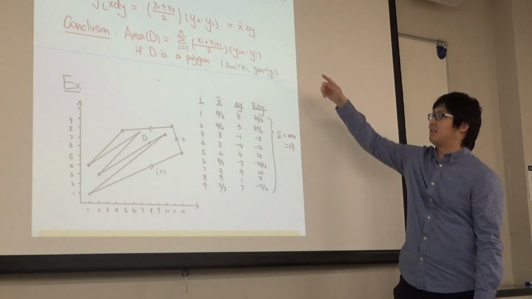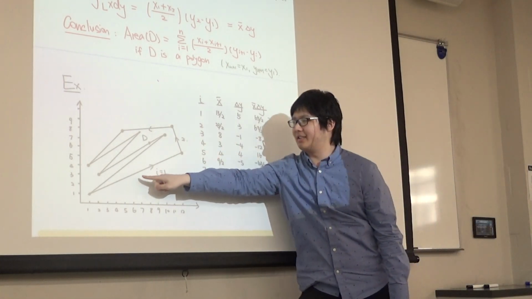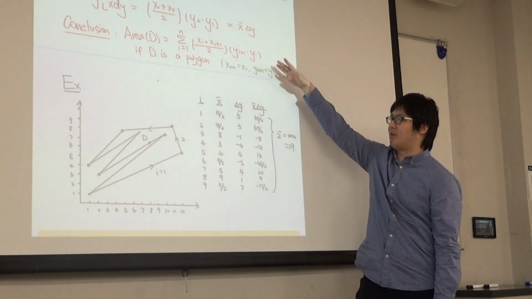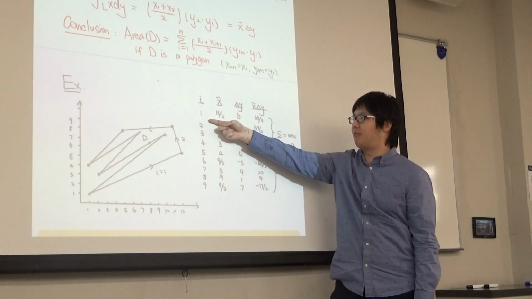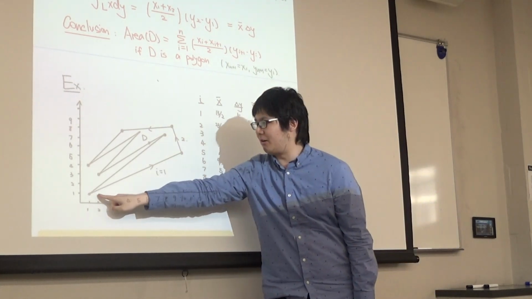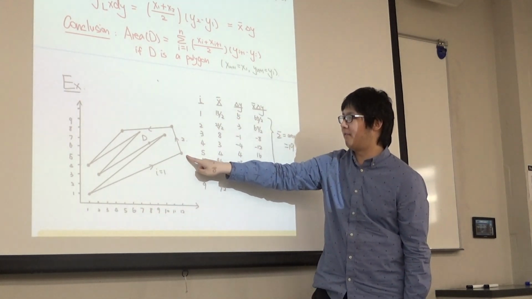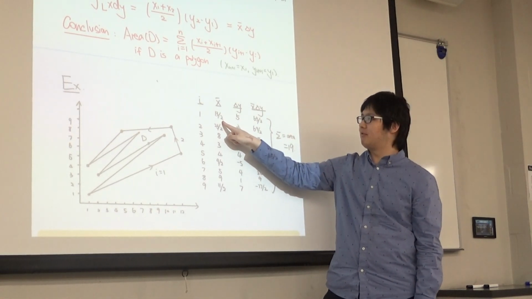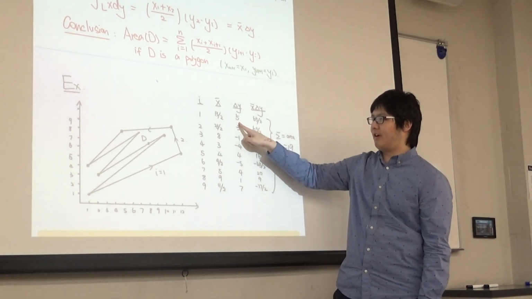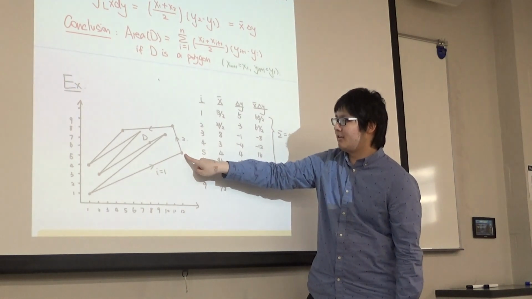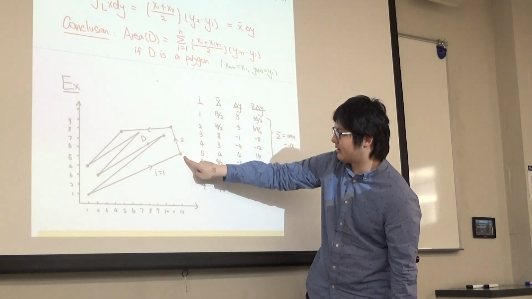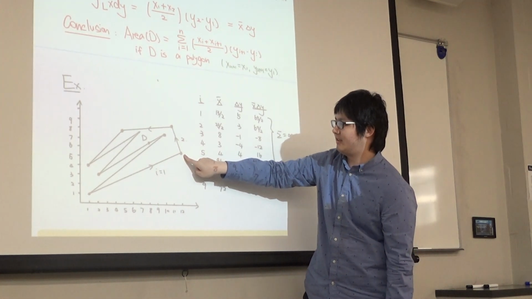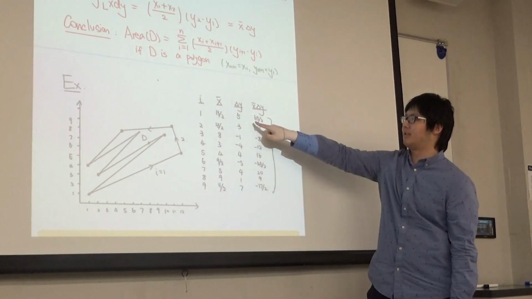But now, since we have this formula and we know the coordinates of these vertices, we can just apply it. For example, for the first row, this is (1, 1) and this is (12, 6). The mean is 12 plus 1 over 2, which is 13 over 2, and the difference is 6 minus 1, which is 5.